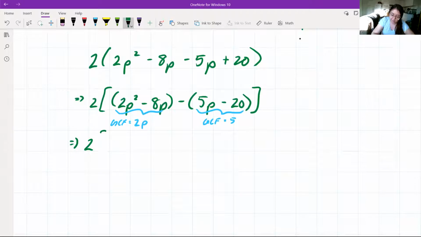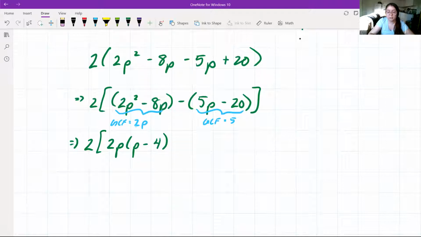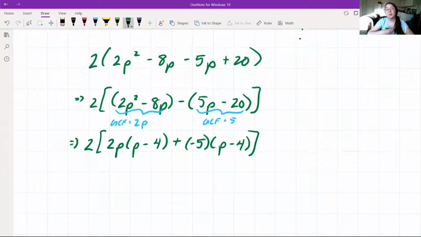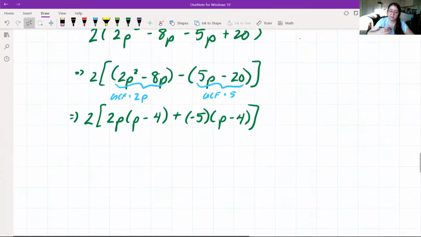So we'll have 2p times p minus 4, minus 5, which is really the same thing as saying plus negative 5 times p minus 4. So we have the same binomial. We've factored out some terms here, and now we can go ahead and factor by grouping.